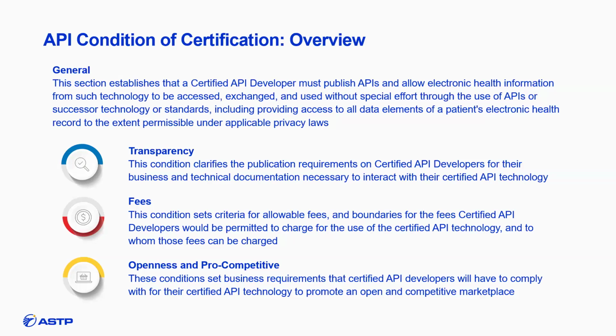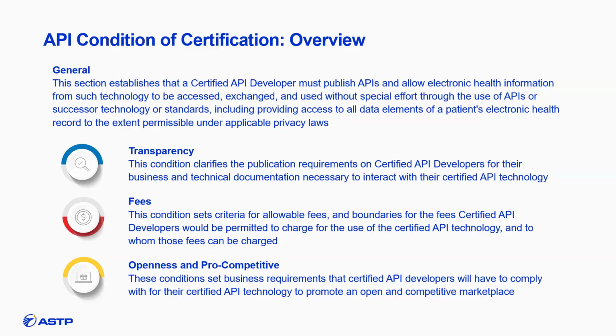Then we go into some specific conditions, including transparency, fees, and openness and pro-competitive conditions. Transparency relates to business and technical documentation and some terms and conditions, really just trying to outline in a transparent way the terms around the use of certified API technology.